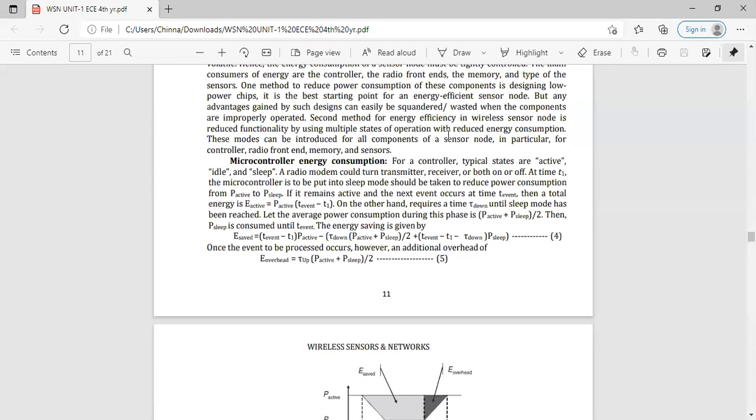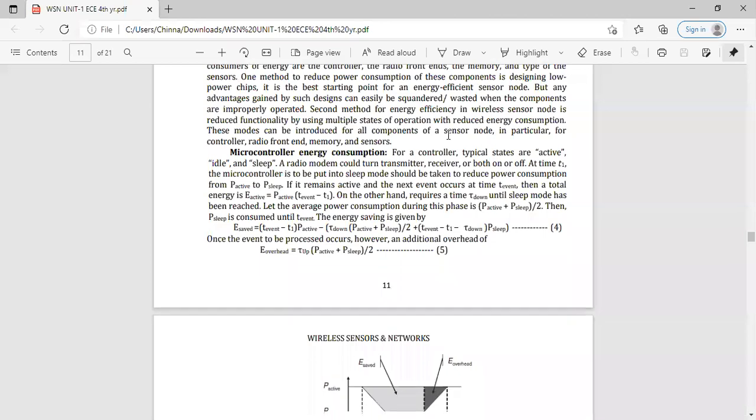For a controller, the typical states are active, idle, and sleep. Whenever you choose the microcontroller, we have three types of states: active state, idle state, and sleep state. The radio modem should be turned to transmitter and receiver, both on or off.